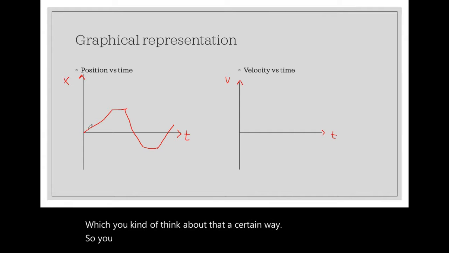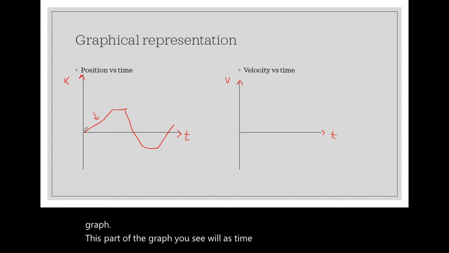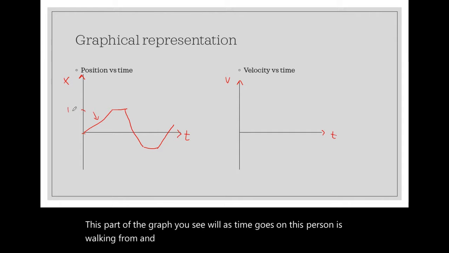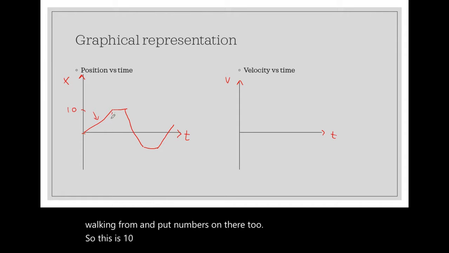So you can imagine for this first part of the graph, as time goes on, this person is walking from, let me put numbers on there too. So this is 10 meters. Let's say this is 20 seconds.